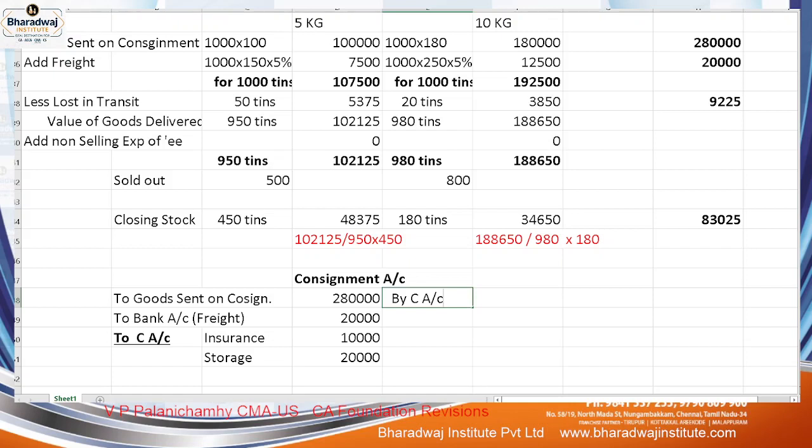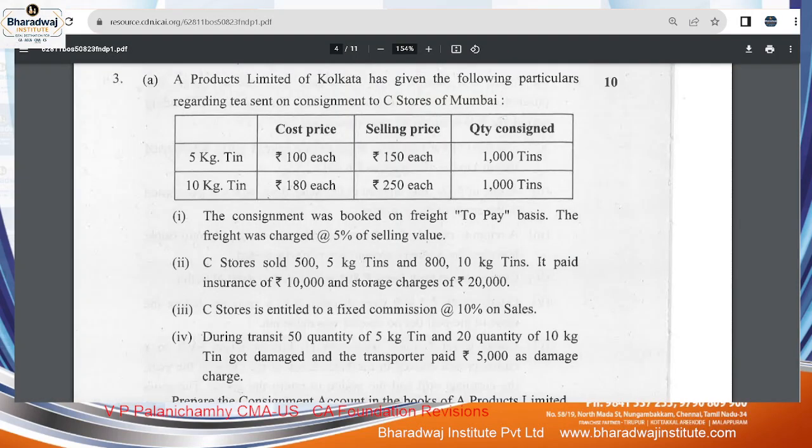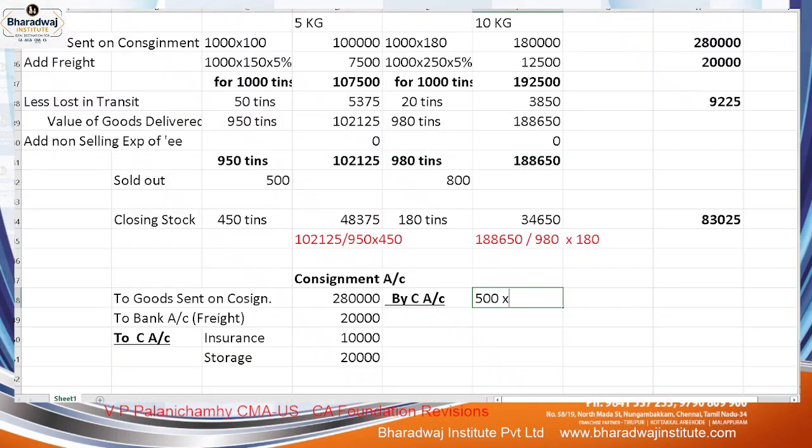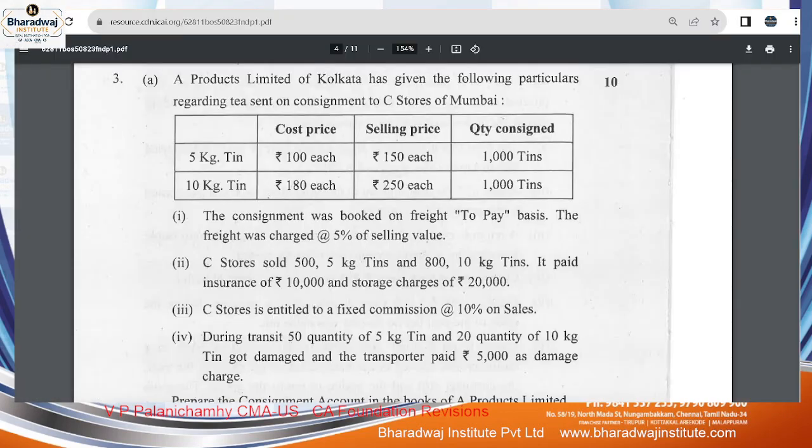By C account for the sales. 500 tins are sold for the selling price. What is the selling price? 115. Plus 800 tins are sold for the remaining selling price. 10 kg tin selling price.